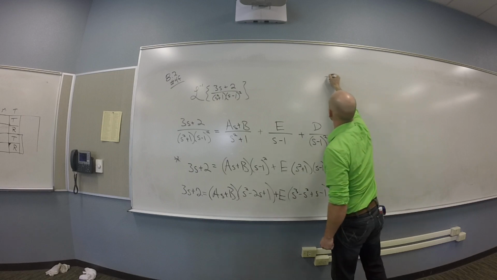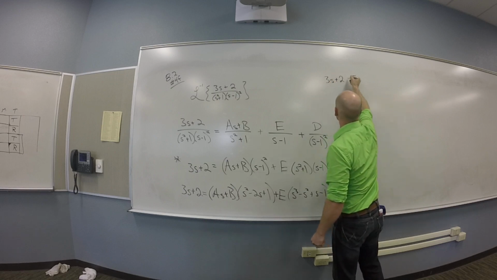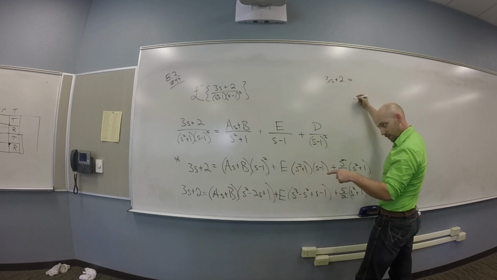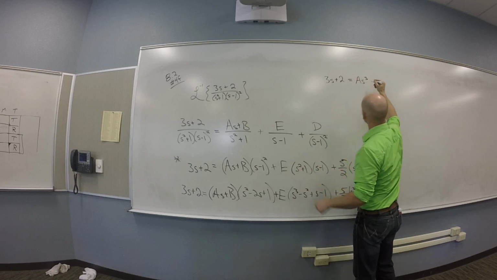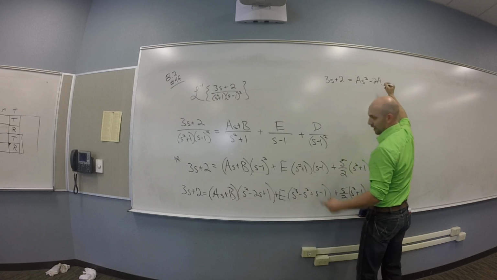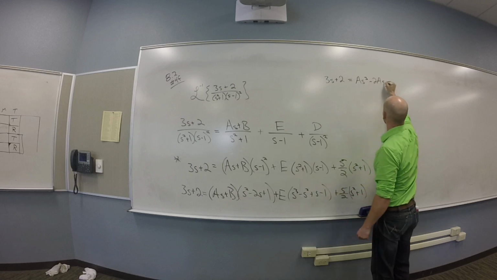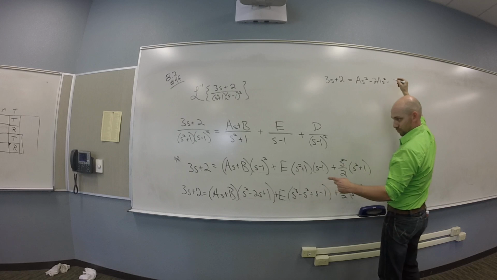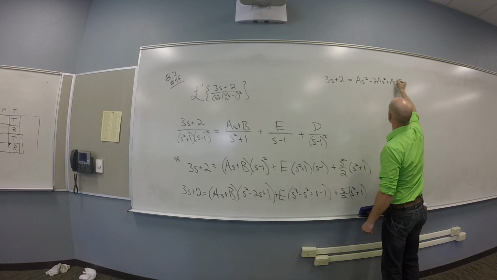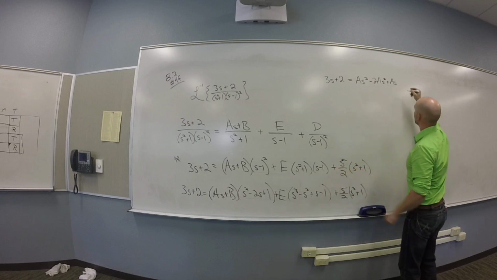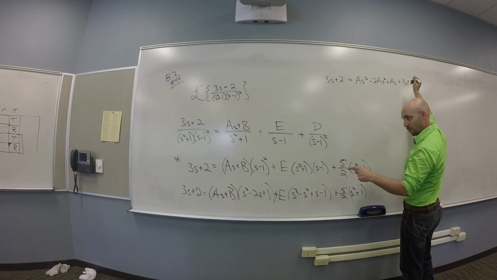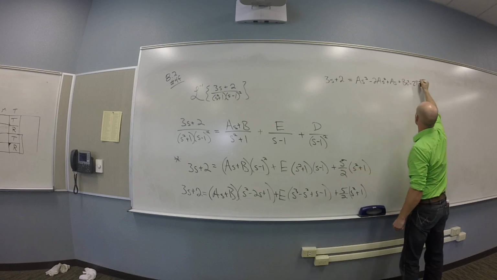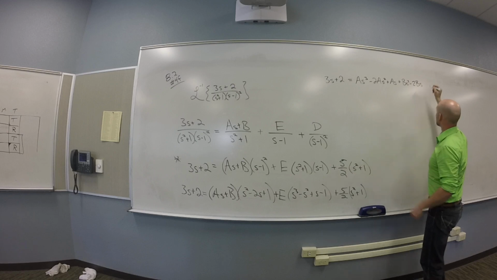So I got my 3s plus 2 is, let's see, so I got as cubed minus 2as squared plus as plus bs squared, minus 2bs plus b.